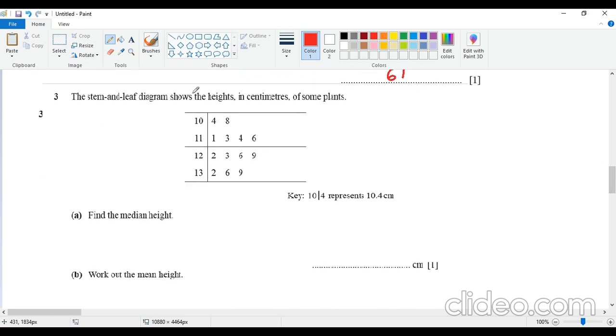Now comes question number three. It says the stem and leaf diagram shows the height in centimeters of some plants.